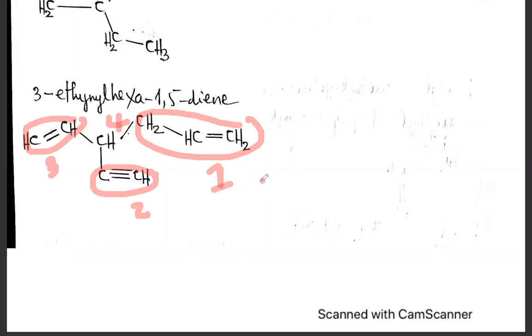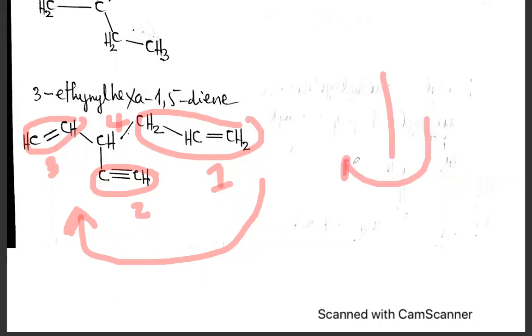So if we are moving in this type of orientation, what do you call this orientation? Is it clockwise or anti-clockwise? Clockwise. We call it clockwise. If it's clockwise, if your clock is like that and you have this orientation, we call it the R orientation.